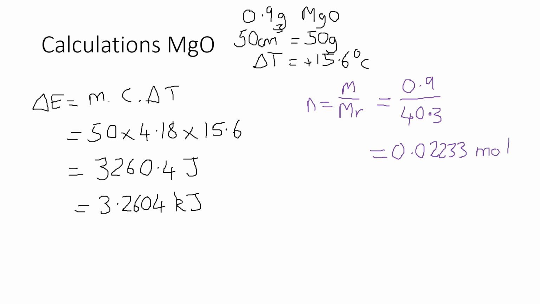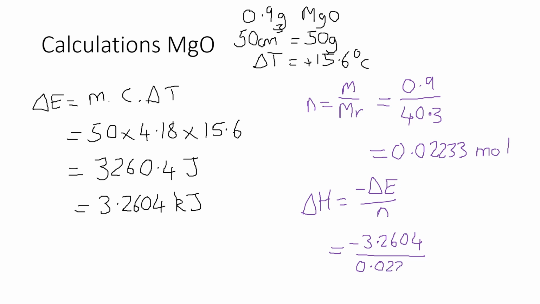Okay, so delta H, which is what we want to calculate, is equal to minus delta E over N. So that's minus 3.2604 divided by the number of moles, which is the 0.02233, but leave it in the calculator if you can.